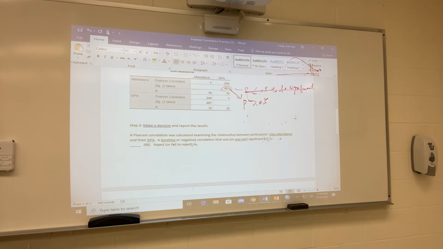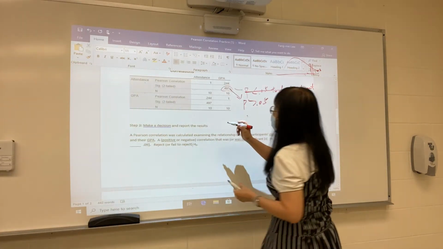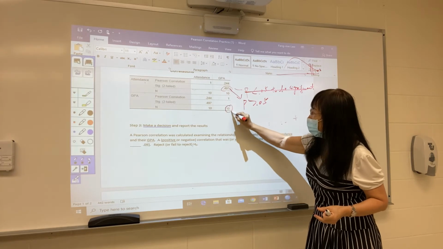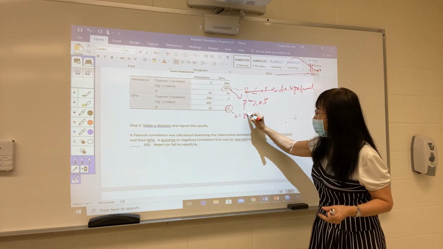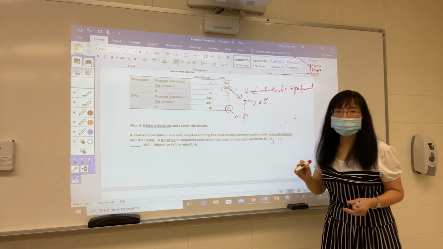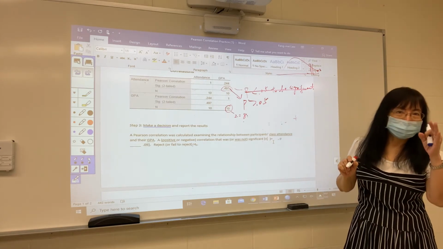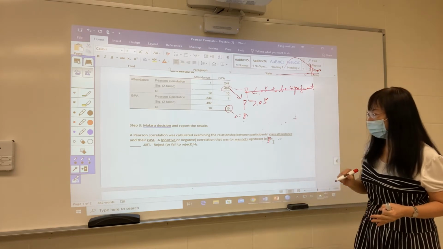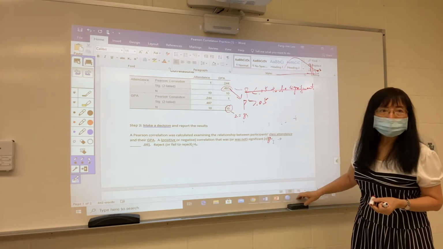Okay, so inside your R is the degree of freedom. For your R, please subtract 2 from the number. So 10 minus 2 is what? 8, right? Put 8 there.